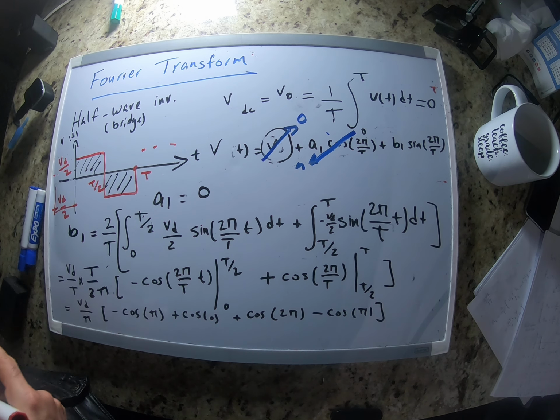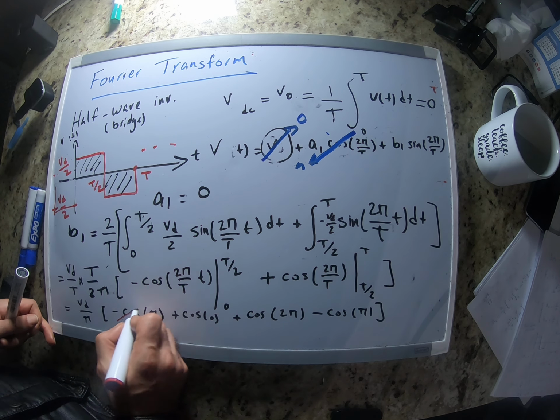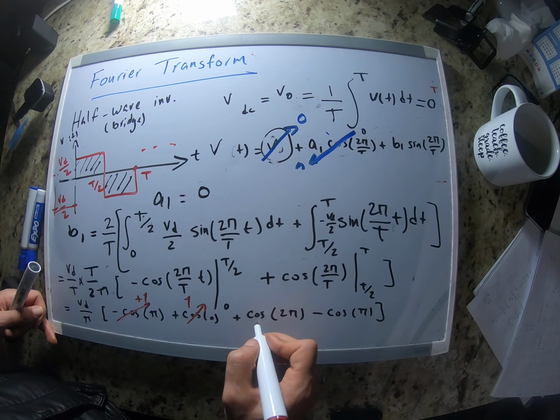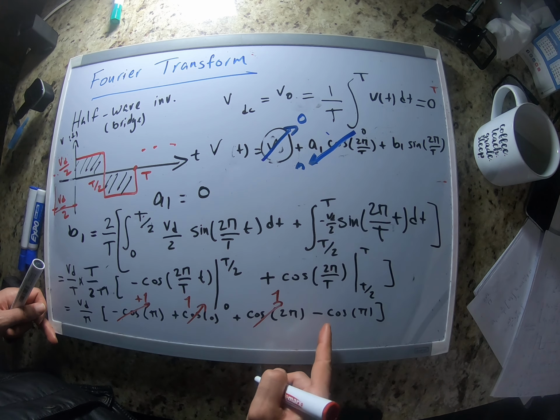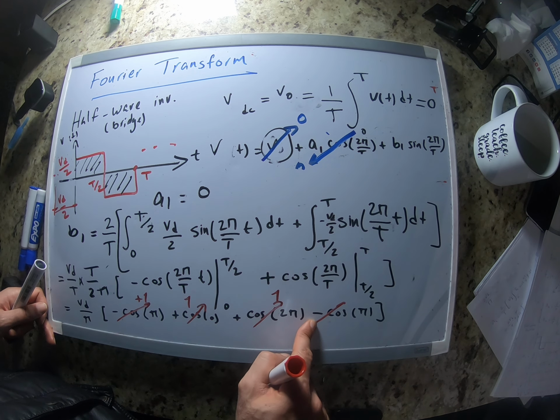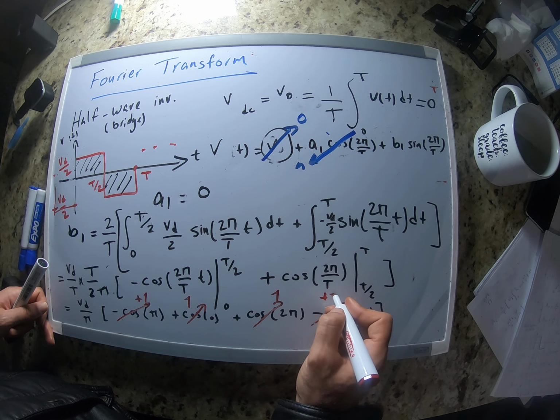Cosine of pi is negative 1, so this becomes positive 1. This is 1. Cosine of 2 pi is 1. Negative cosine of pi, this is negative 1 minus negative 1, becomes plus 1.